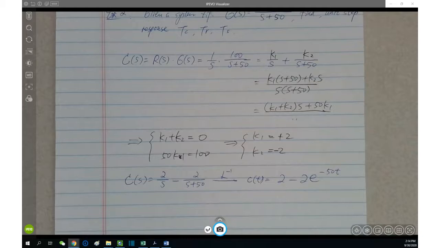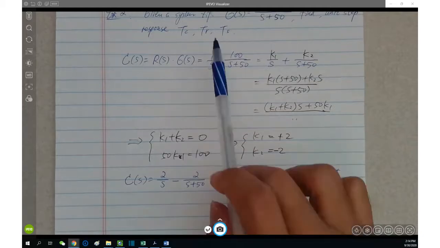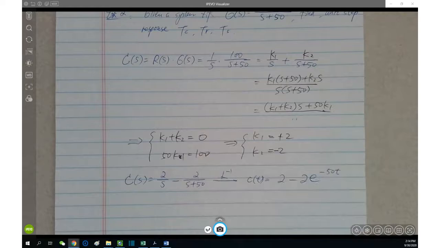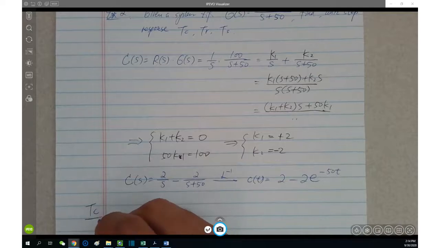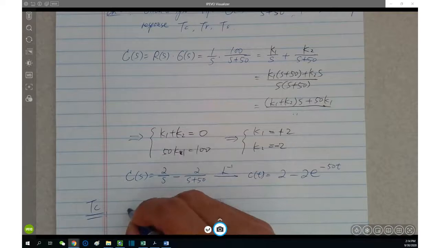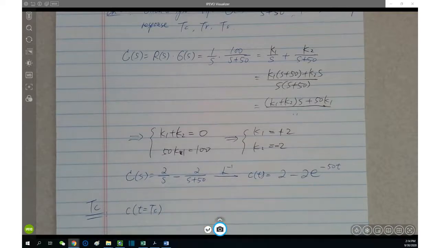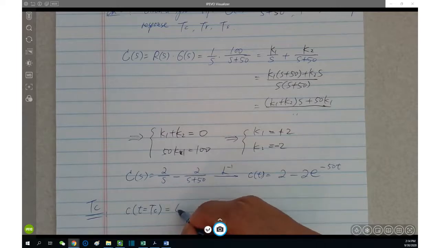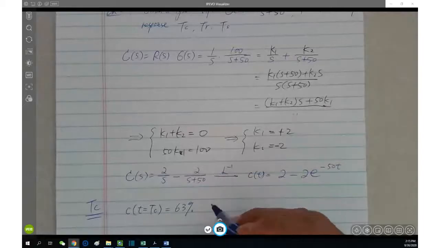From the output, as well as the definitions, we can find their values. First of all, TC. TC means what? When time is at TC, your output reached 63% of the steady state value.